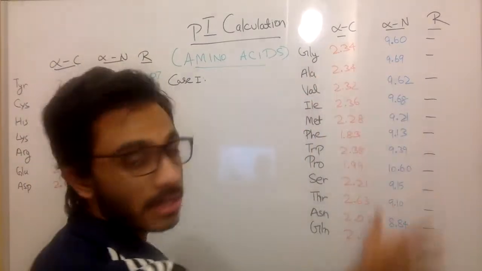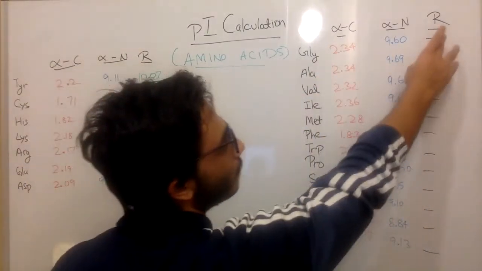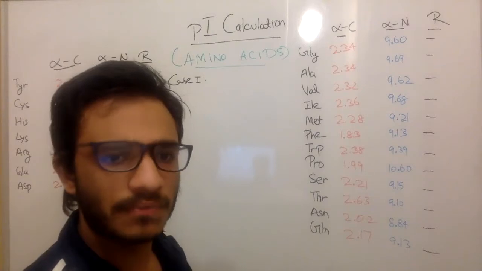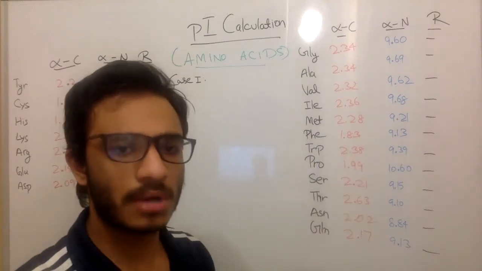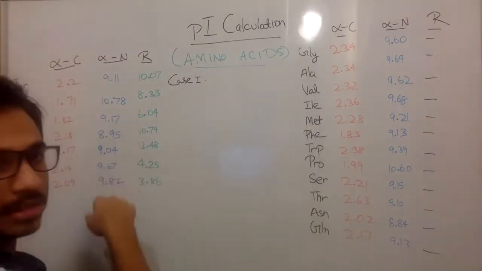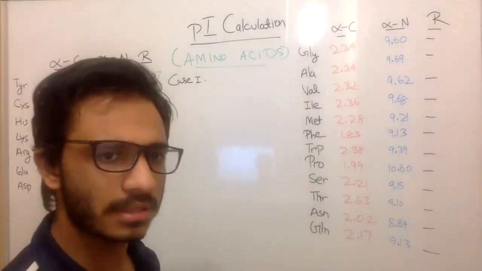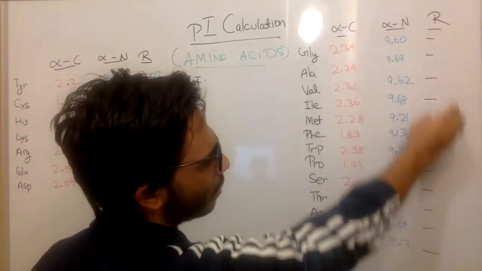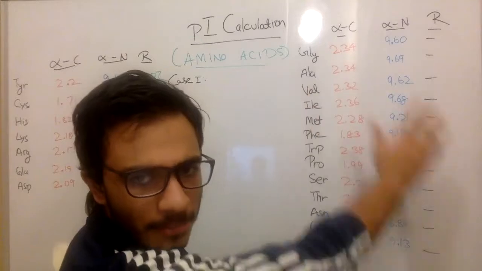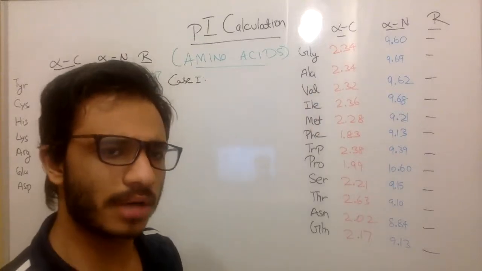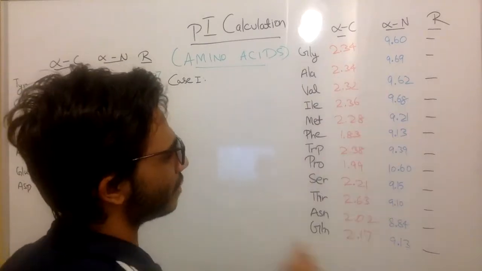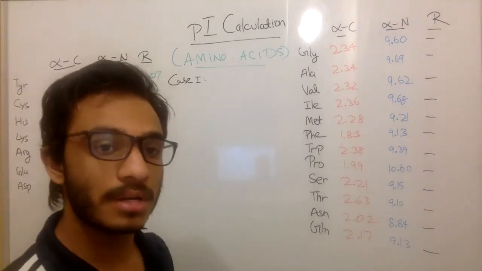But for these other 13 amino acids, they don't have any pKa values for their R groups, because they're not ionizable like these 7 amino acids, right? So that's the difference. R groups for these amino acids over here cannot be ionized. So under acidic and basic conditions, these amino acids cannot be protonated or deprotonated.